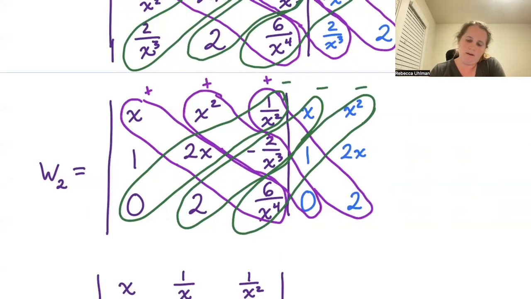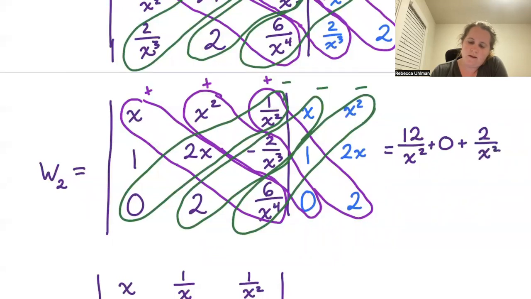And we wind up getting, we have x times 2x times 6 over x to the fourth would wind up giving us 12 over x squared. X squared times negative 2 over x cubed times 0 is just 0. And then we have 1 over x squared times 1 times 2. We're looking at plus 2 over x squared. That first backwards diagonal is again 0, so we are subtracting off 0.